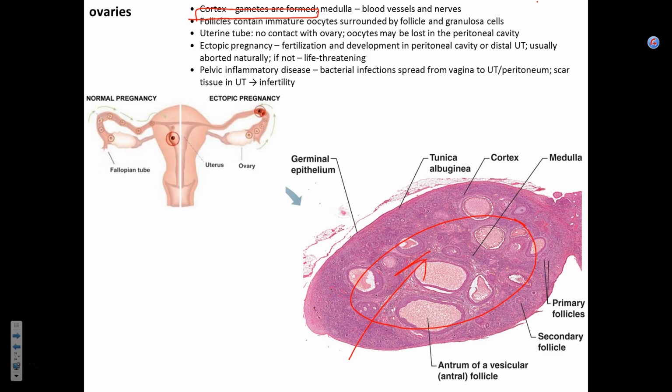So here you can see different types of follicles, from very small primary to bigger secondary to large vesicular or antral follicle, which is ready to ovulate basically. In each follicle, oocyte is surrounded by the layers of granulosa and follicle cells that regulate follicular maturation.